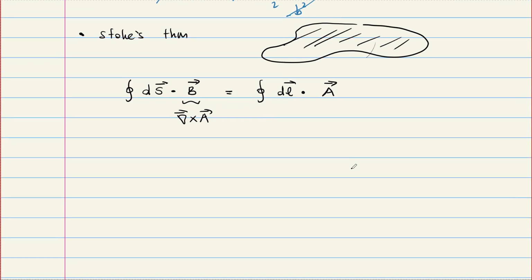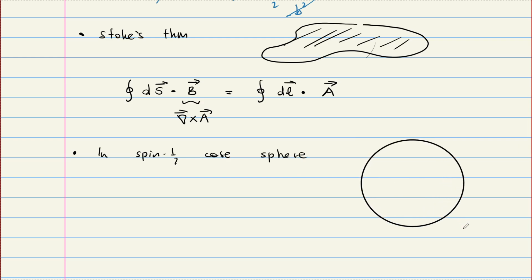Now I want to use the Stokes theorem for our result and see if there are some pathologies that we need to iron out. In the spin 1/2 case, this integration domain is what we call the two sphere. It's a sphere, and let me try to draw a sphere here.